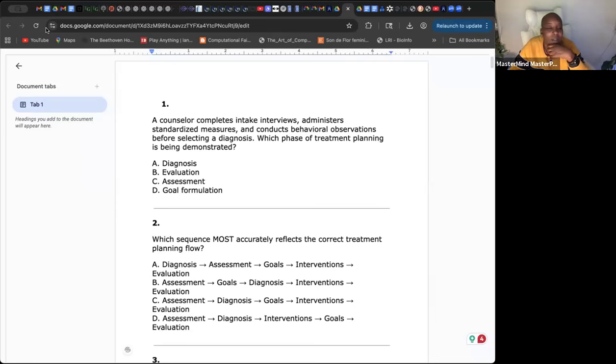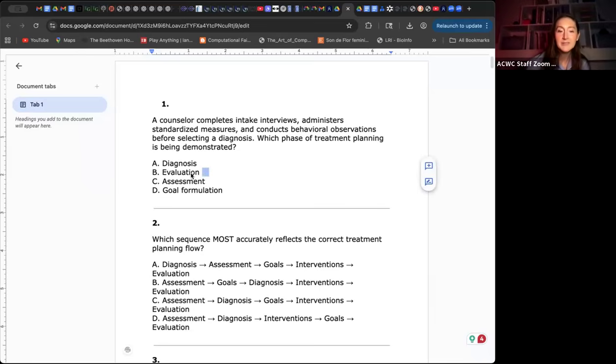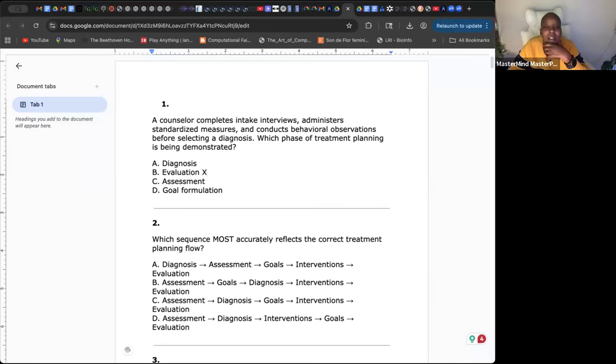So I would like to get rid of B for sure. Absolutely. Nice work. And then, a counselor completes intake interviews, administers standardized measures, so that's the assessment, and conducts behavior observations before selecting a diagnosis. So we can get rid of D as well.